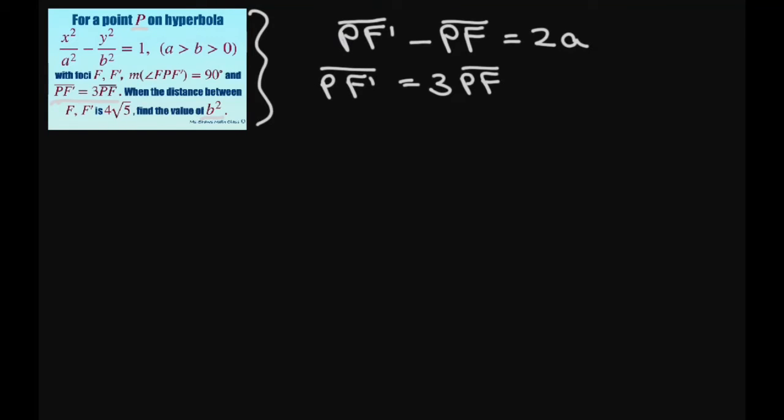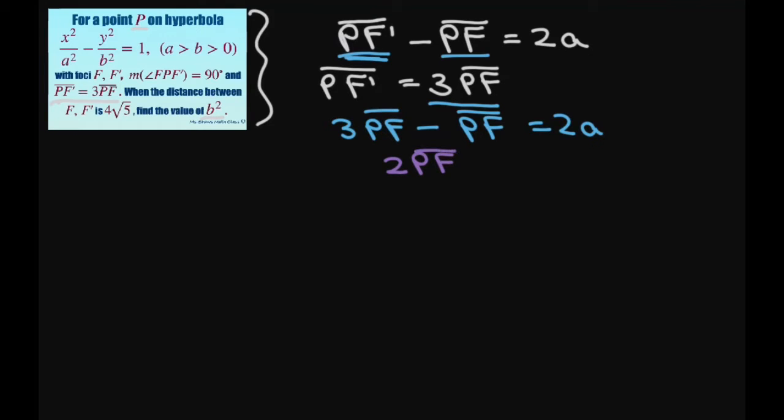So using substitution here, we get 3PF, substituting that in here, minus the length of PF equals 2A. So basically this gives me 2PF equals 2A.